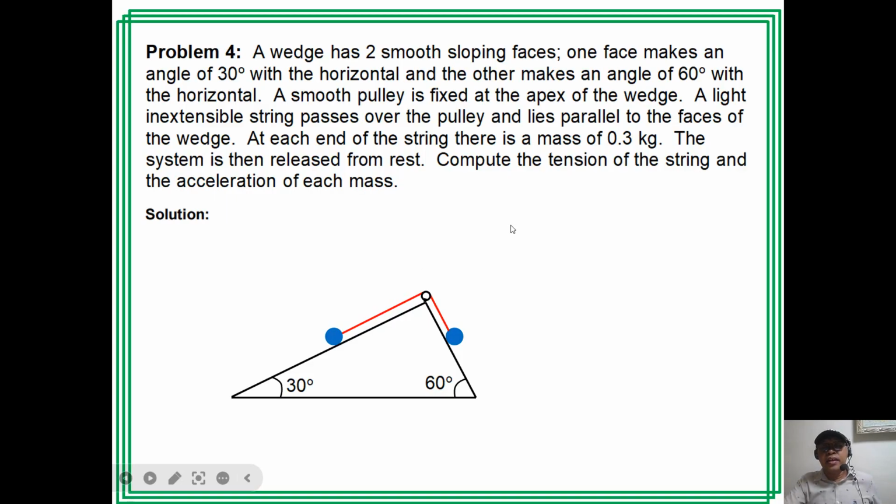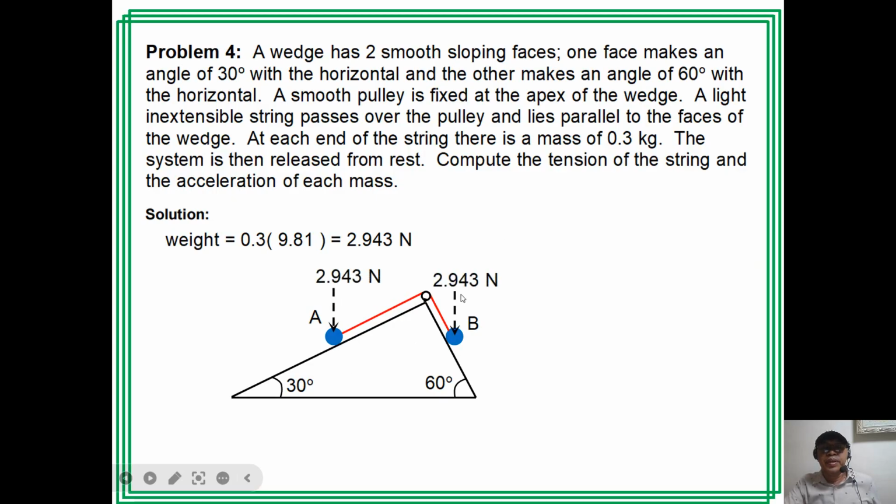Okay. So, I will call this mass A, mass B. The weight of each is 0.3 kilograms times 9.81, so 2.943. If you take the component of this parallel to the incline, we are familiar with this already, no?